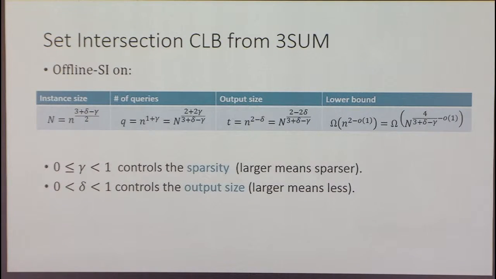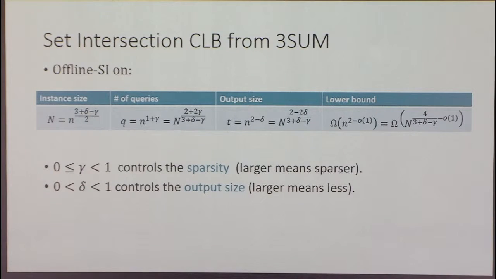Something which is helpful, maybe intuitively, is to notice that gamma controls the sparsity of the inputs, for some definition of sparsity. Interestingly, over here we can actually take gamma to equal 0, as opposed to the set disjointness case that Seth spoke about earlier, where it has to be strictly larger than 0.